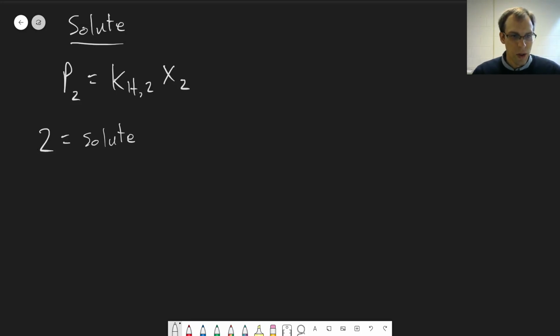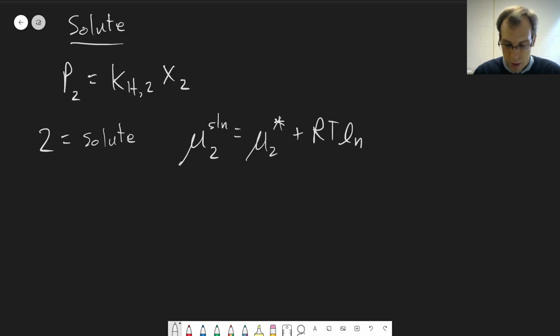By definition, the chemical potential of component 2 in the solution is equal to mu2 star plus RT natural log of P2 over P2 star. This is the definition of chemical potential that we derived in the previous chapter.